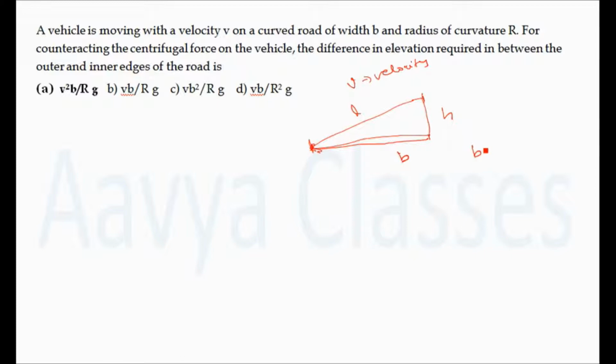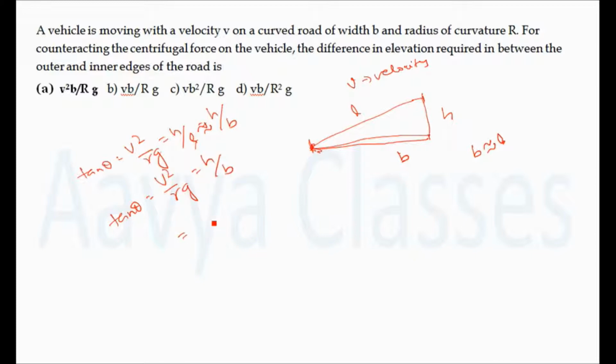As we have already learned, b is approximately equal to L, and the formula was tan theta is equal to v square by rg is equal to h by L, and L is approximately equal to b, so h by b. So tan theta is equal to v square by rg is equal to h by b.